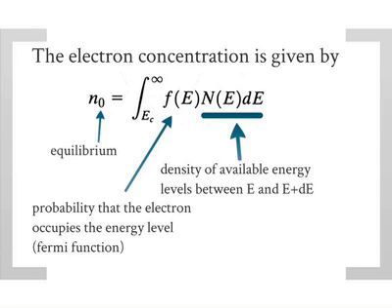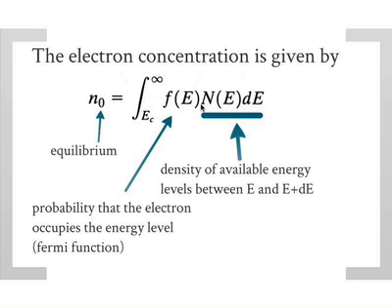It's given by an integral. It's an integral of electrons in the conduction band in this case. The integral goes from the bottom of the conduction band to infinity, all the way, okay, of a product of f of E, which is the probability that an energy level E is occupied, multiplied by N of E, which is the so-called density of states, which is the number of available energy levels, times dE.